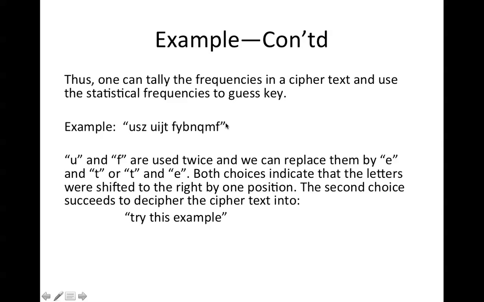So we can attribute those two letters to the most frequently used letters, pair them, and they would be letter E and letter T. So we will have two choices. Either U is the encrypted version of E and F is that of T, or we could say that U is the encryption of T and F is the encryption of E.